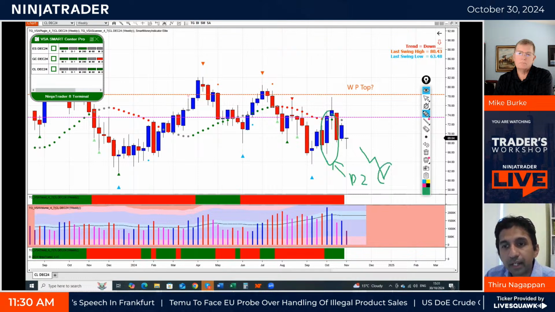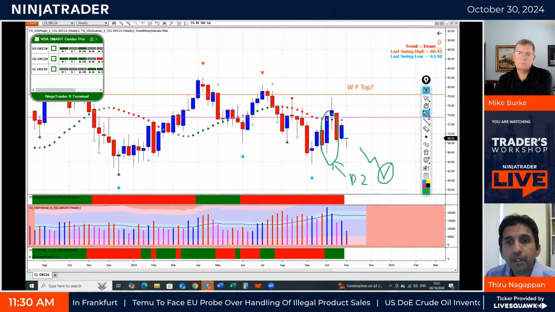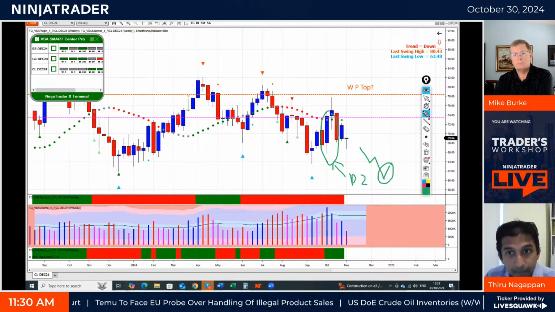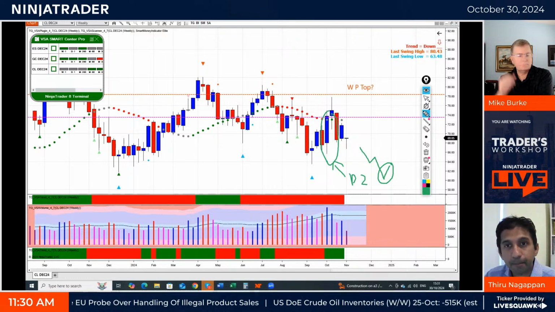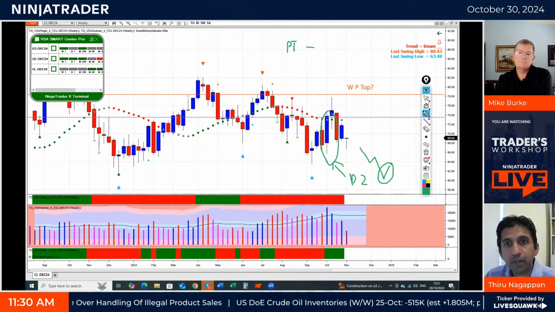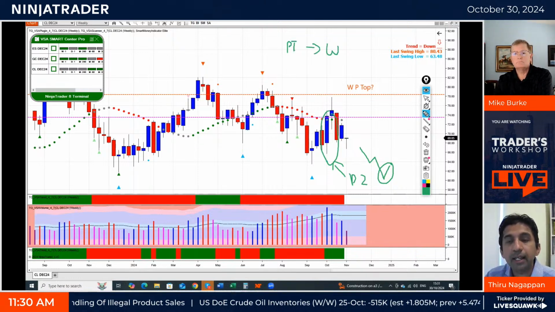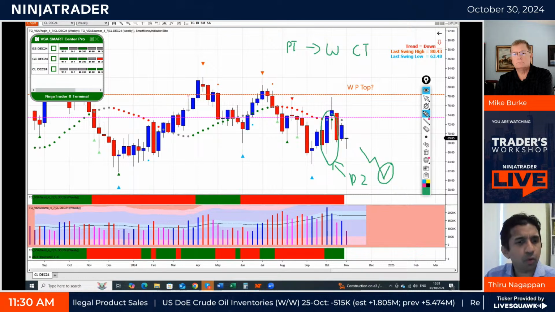After I get the phase 2 confirmation, I go to my lower time frame to capture that potential top, which will become a weekly confirmed top. That's the whole premise.